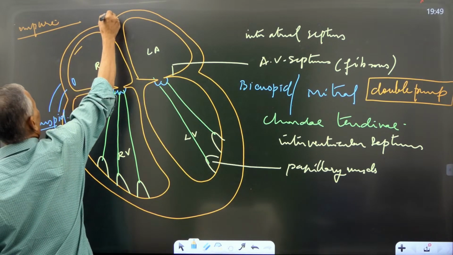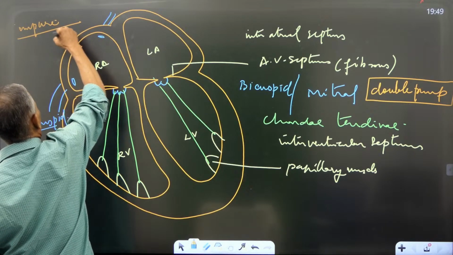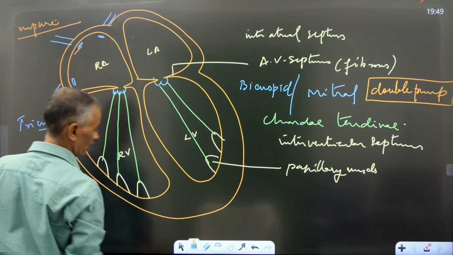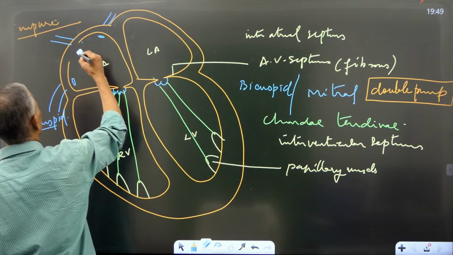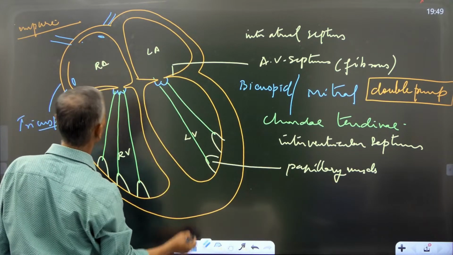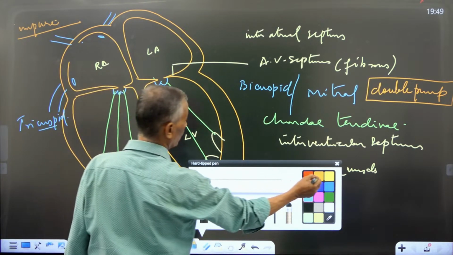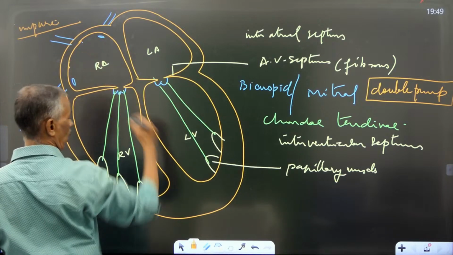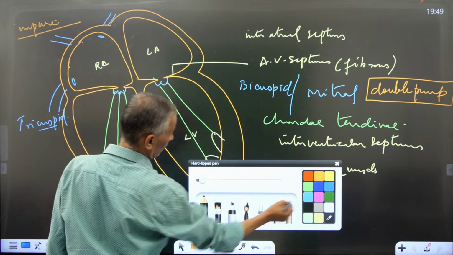They are called vena cavae. So, with the help of these vena cavae, impure blood is brought from different parts of the body and they are all opening by 3 separate apertures.